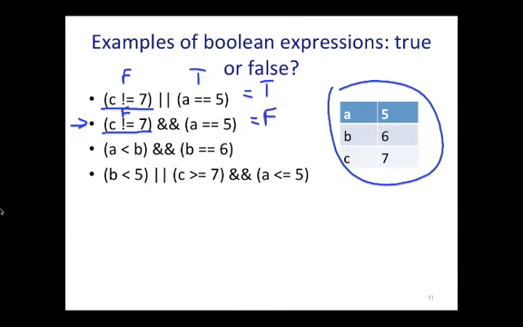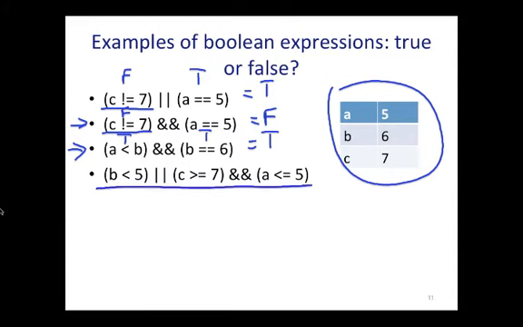Okay, for 3, we're asking is A less than B and B equals 6? Well, is A less than B? That's asking is 5 less than 6? That's true. Is B equal to 6? That's true as well. Since they're both true, the whole expression is true.